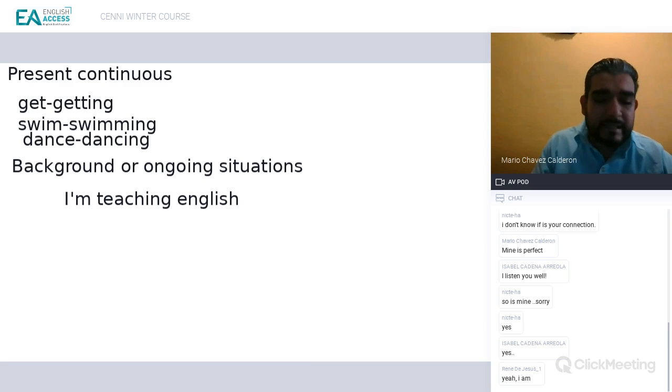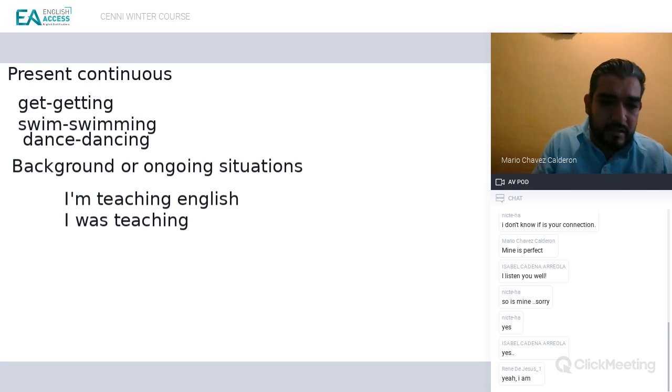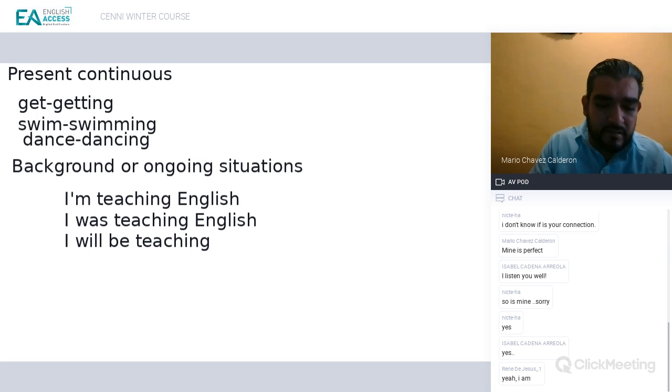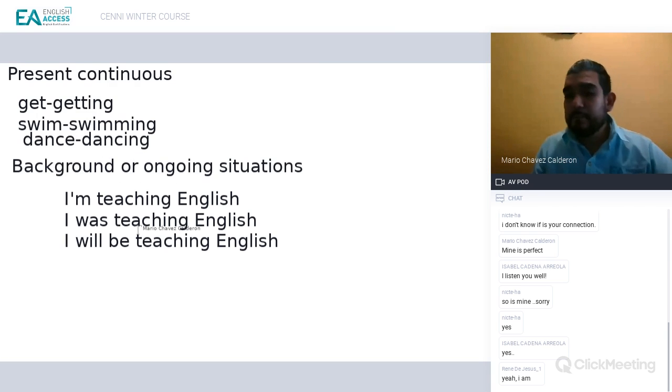If I say it in past, I say I was teaching English. If I say it in future, then in future I need to say it with will. So I say I will be teaching English. Is it possible to say I'm going to be?